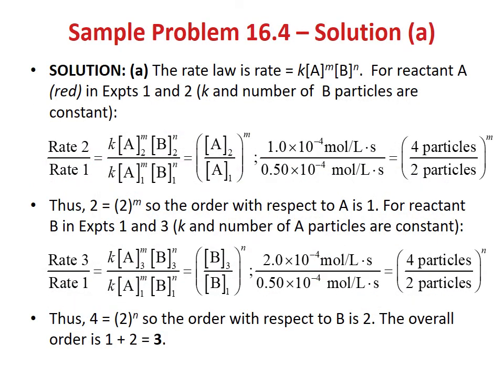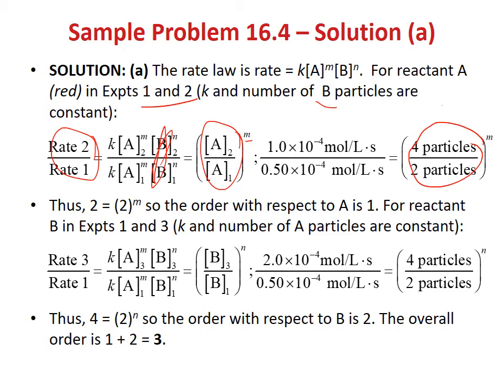As I explained in the last slide, experiments 1 and 2 have the same number of B. So in the reaction rate ratio 2 over 1, B cancels. So only the number of A, experiment 2 divided by A, experiment 1, and the ratio is 4 divided by 2.